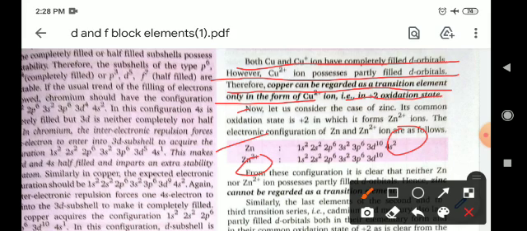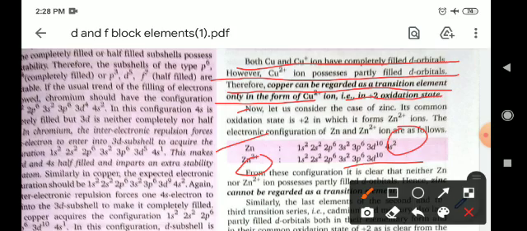Okay, both copper and the Cu+ ion have completely filled d orbitals, however the Cu2+ ion possesses a partially filled d orbital. Therefore copper can be regarded as a transition element only in the form of the Cu2+ ion, that is, in the +2 oxidation state. Now let us consider zinc. Zinc after removal of 2 electrons will convert into the Zn2+ ion, and in this condition it contains 10 electrons in its d orbital.